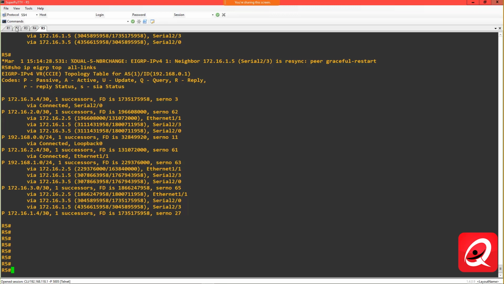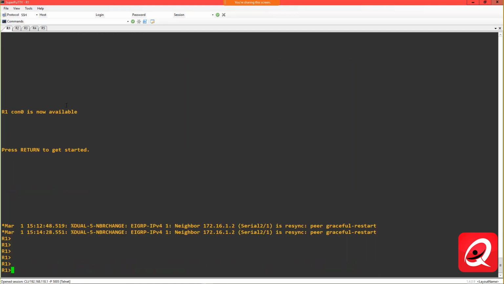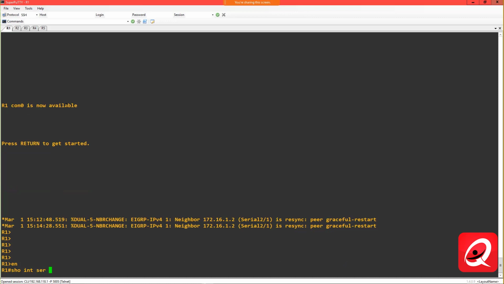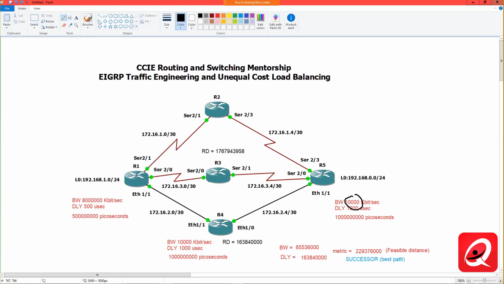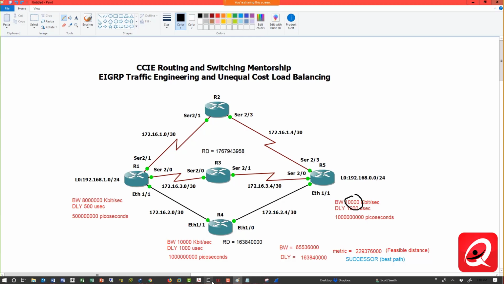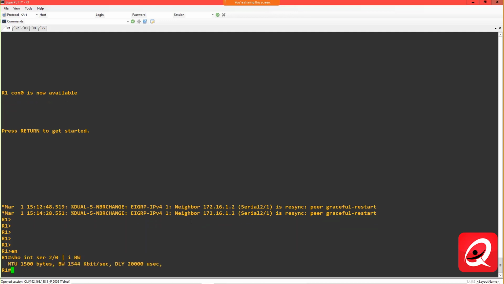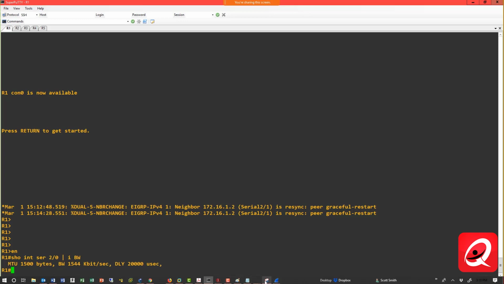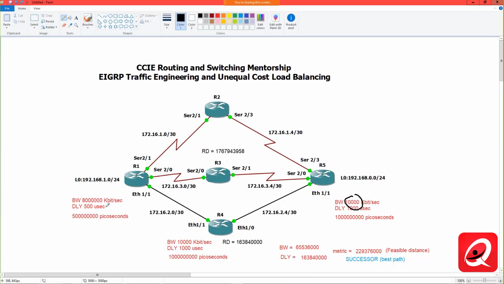So let's go to router number 1. And if I do a show interface serial 2.0, pipe include bandwidth, we've got a delay of 20,000 microseconds. Now on the Ethernet interfaces, we have a delay of 1,000 microseconds.